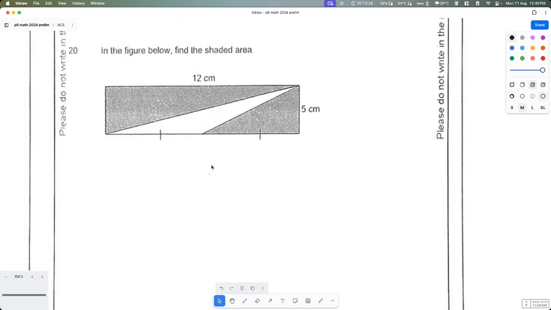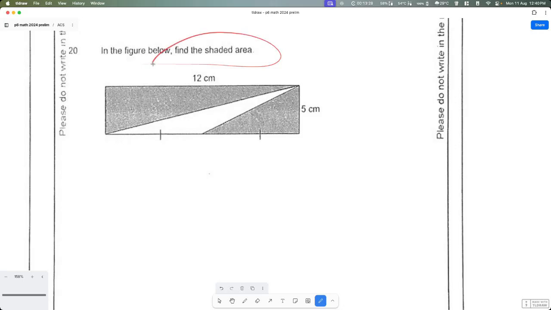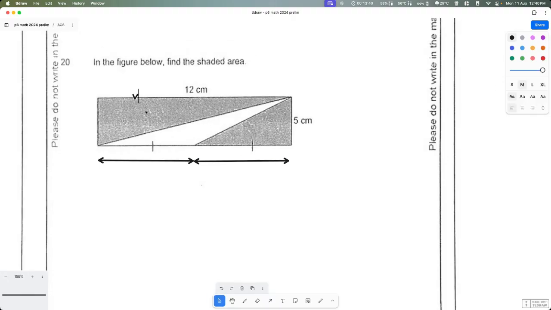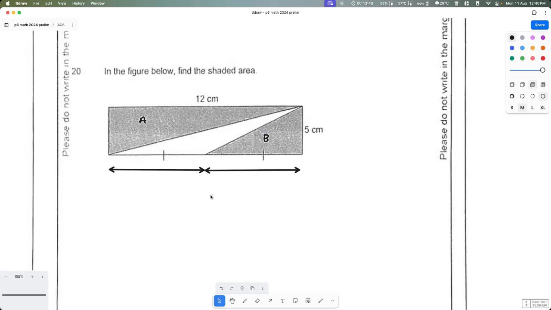Question 20. In the figure below, find the shaded area. So we know this and this are equal parts. So we have 1 and then we have 2. So in a way, let's put in A and let's put in triangle B. For this one, what we can do is, actually we don't need this.